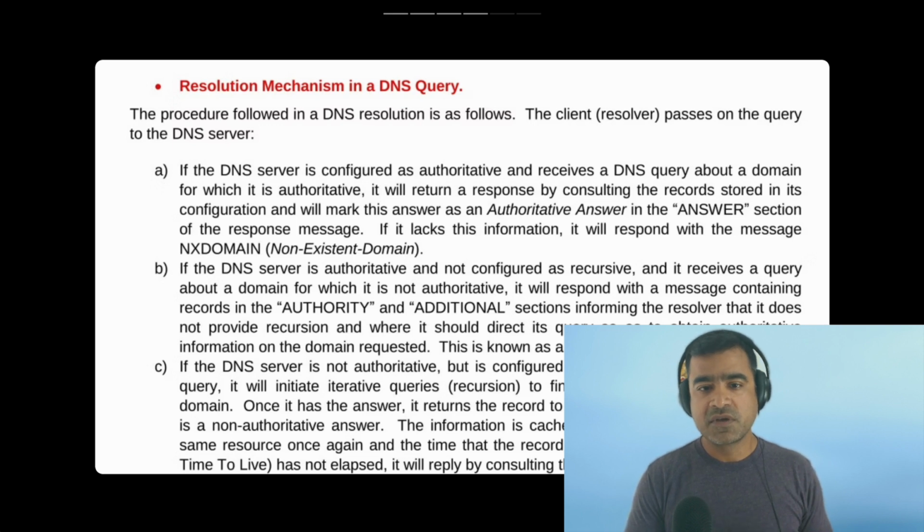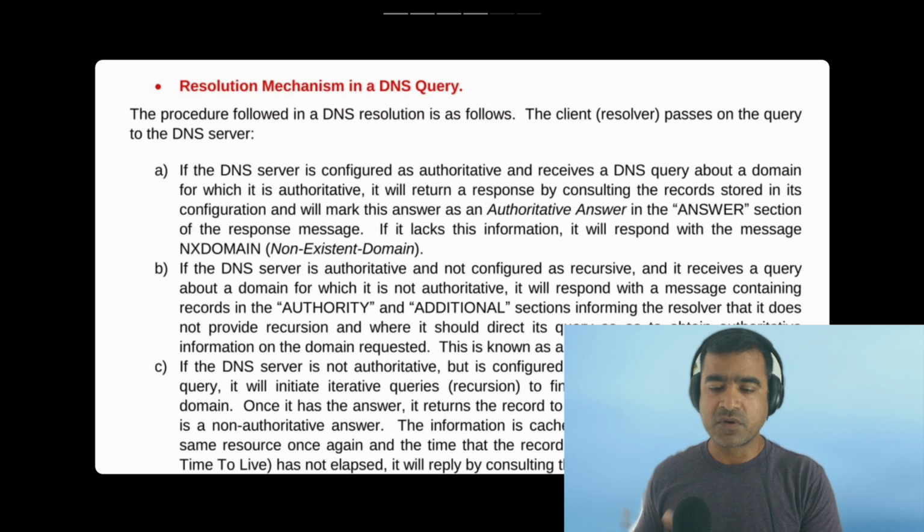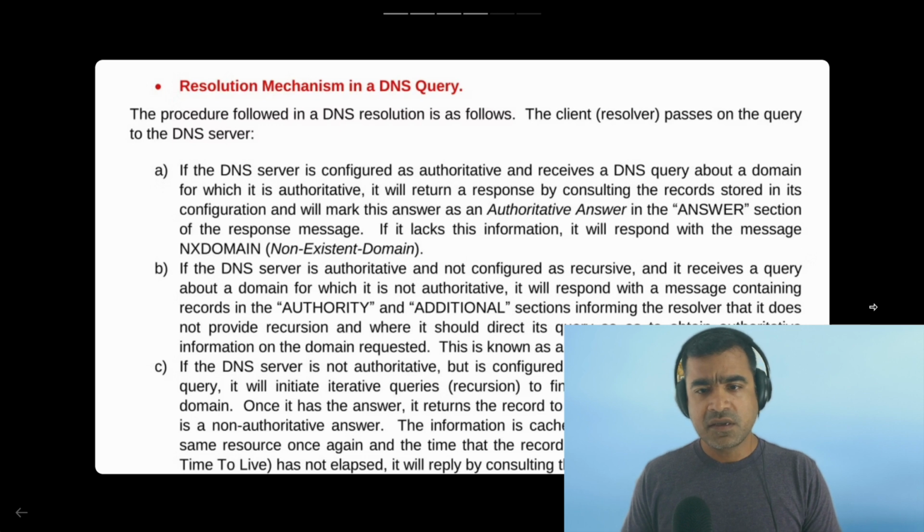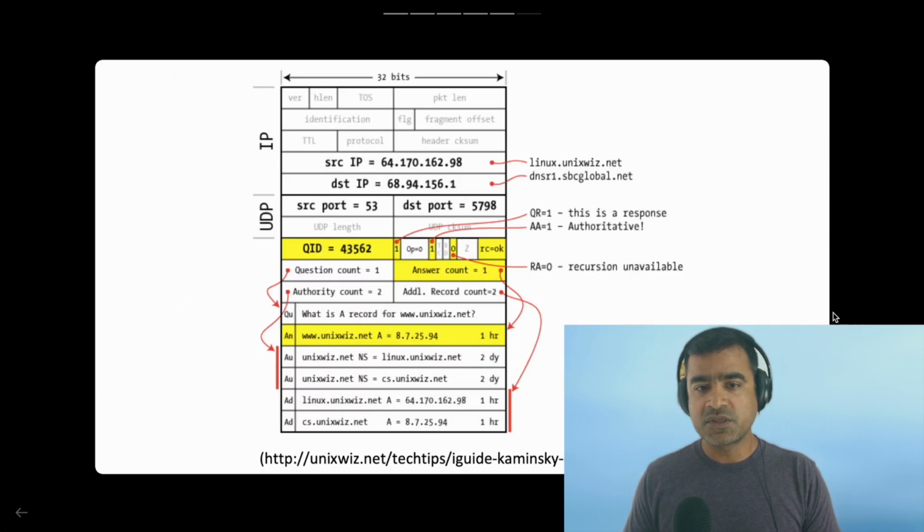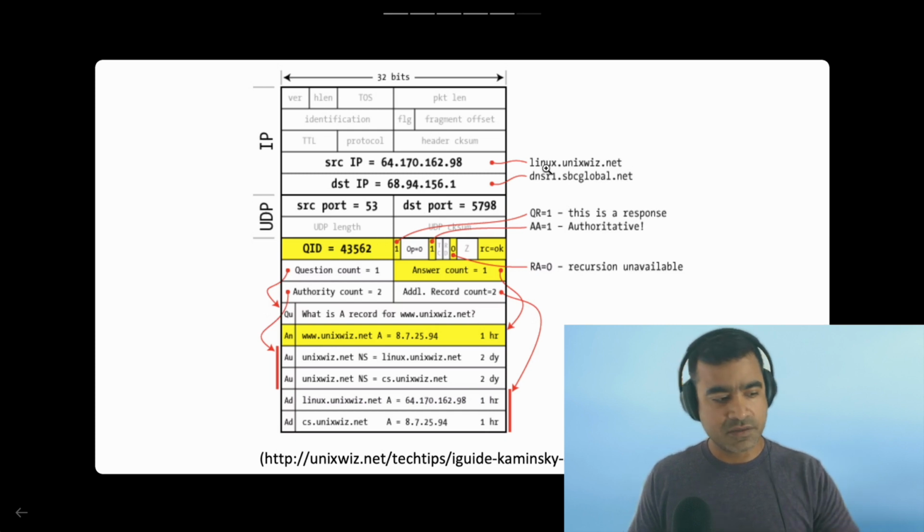And then we have recursive resolvers like Cloudflare, Google, and many more, which resolve the query for us by going through the different hierarchy of the tree. All right, I hope I made it clear. We will come back to this picture once we look at Wireshark. All right, hold on to this.